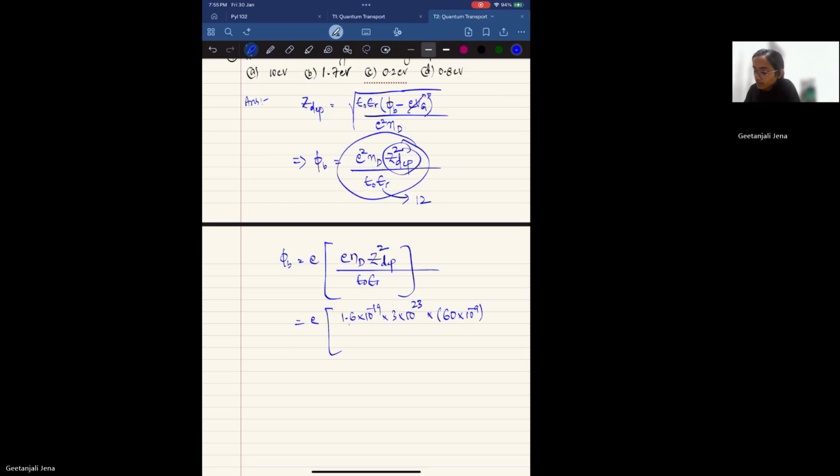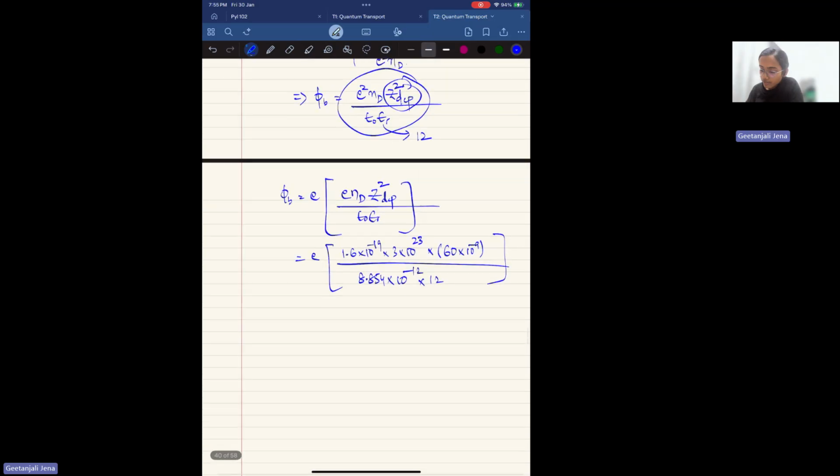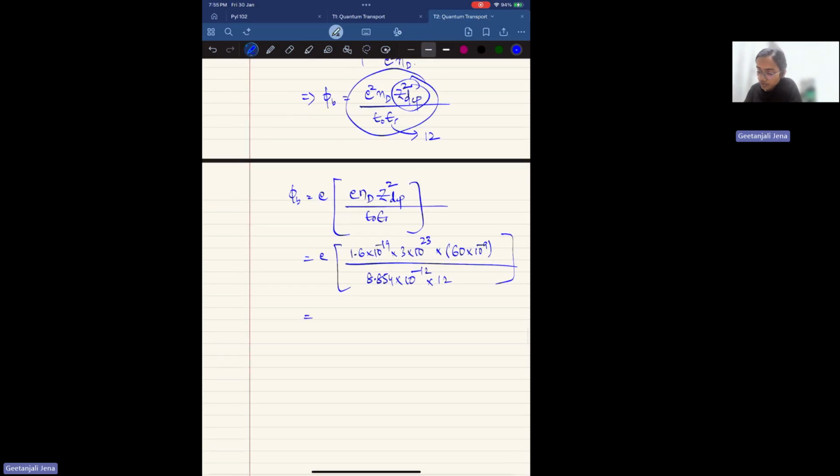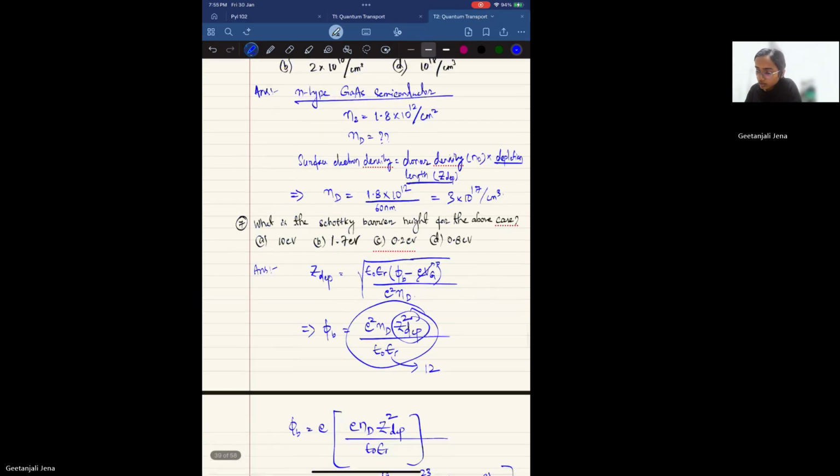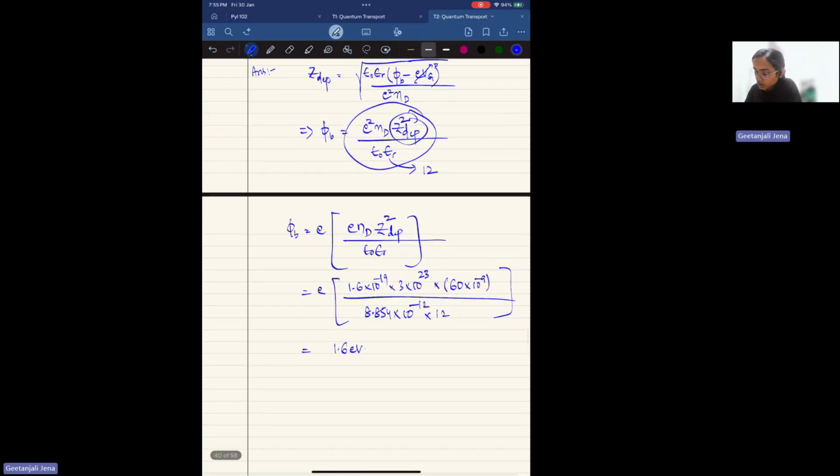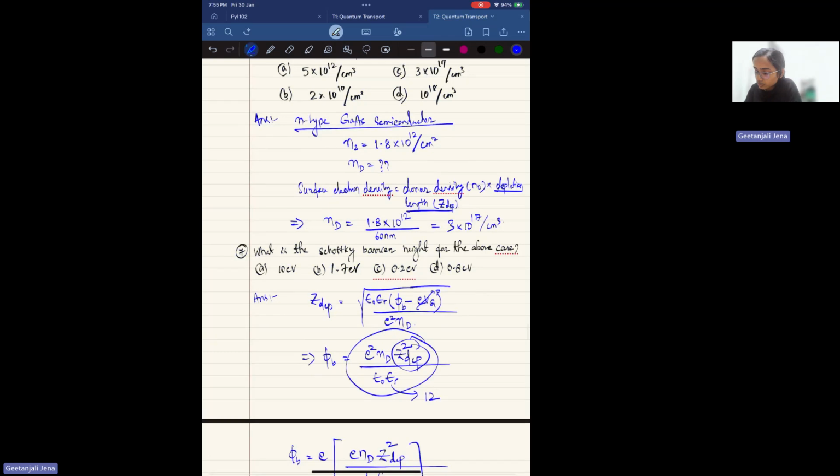Epsilon naught is 8.854 times 10 to the minus 12, and epsilon R is 12. This will give a value of about 1.6 electron volt. So the closest answer to this question is option B.